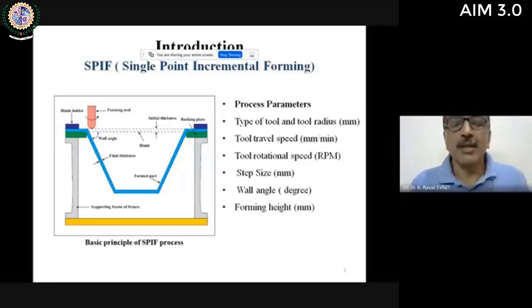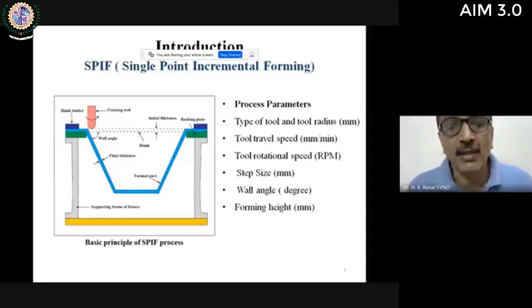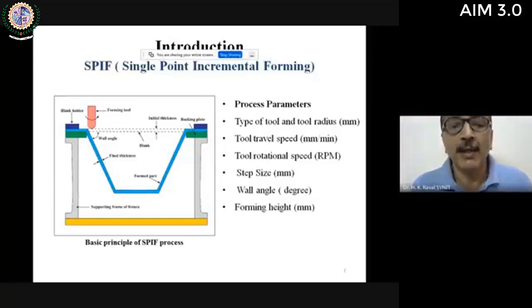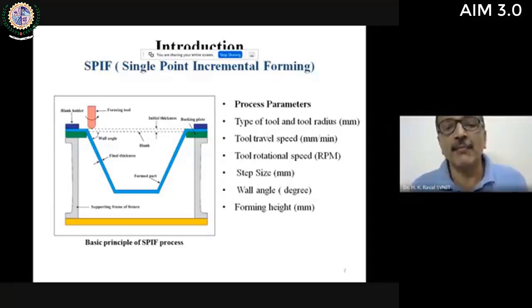Then the step size. Now step size has two different subdivisions. One is the step size in the planar dimensions, which is the X and Y dimensions, and second is the step size in the third direction. Usually step size is defined as the vertical tool movement, or the tool moving down after forming one plane of the sheet, because the initial sheet is plane and then it takes the shape of the curve.